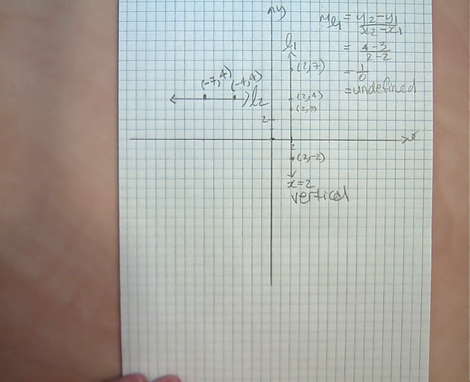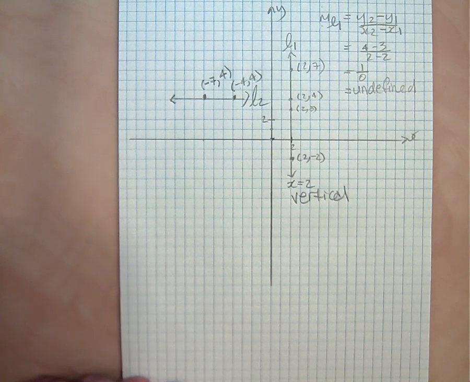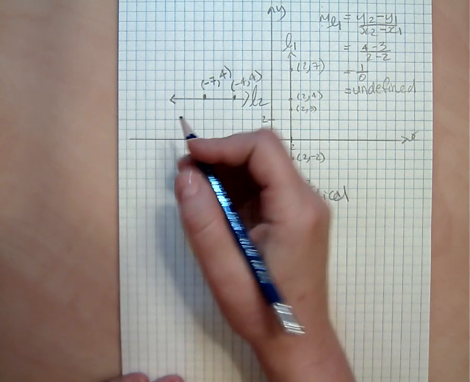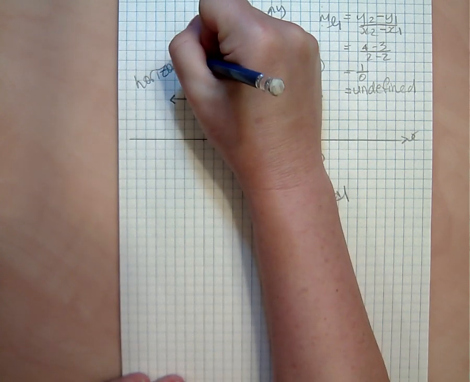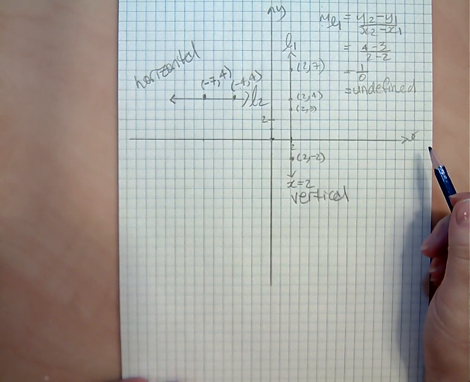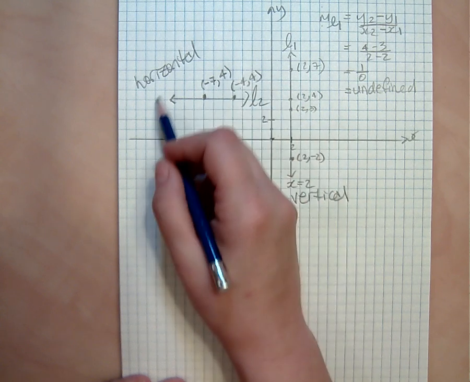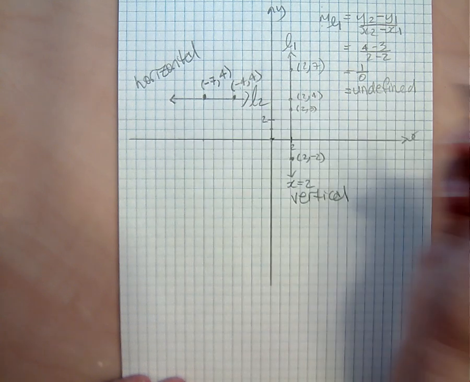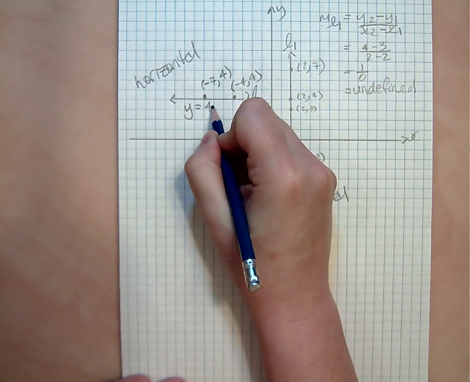So let's do the equation first. We did the slope first last time. I think probably you already know what the equation of this horizontal line is. What do all of these points have in common? They have y values that are 4.